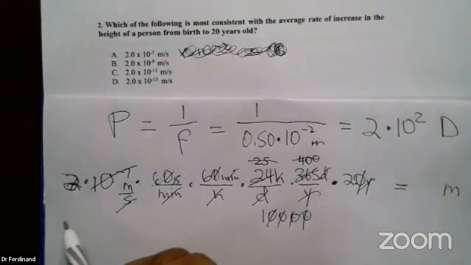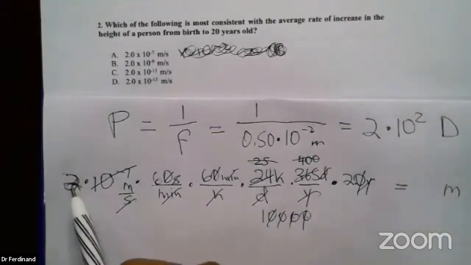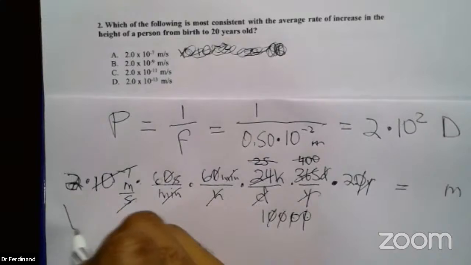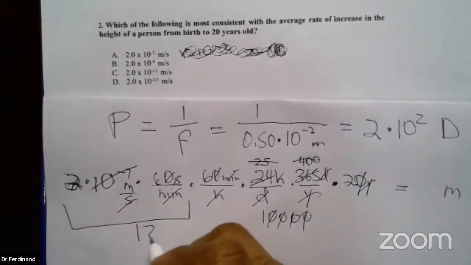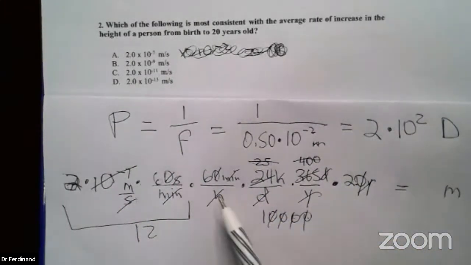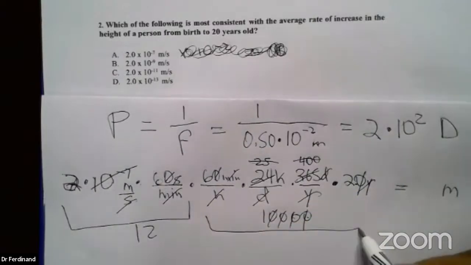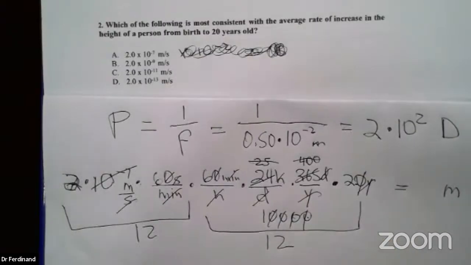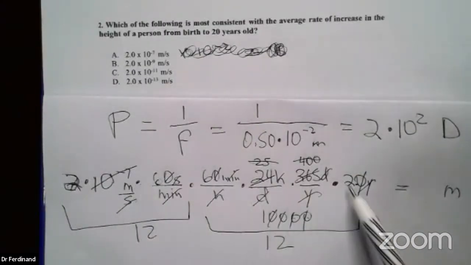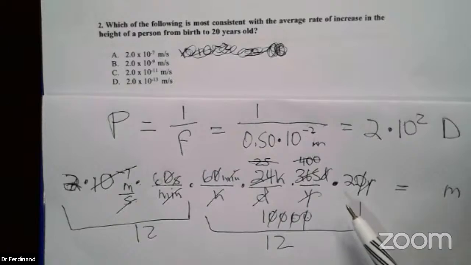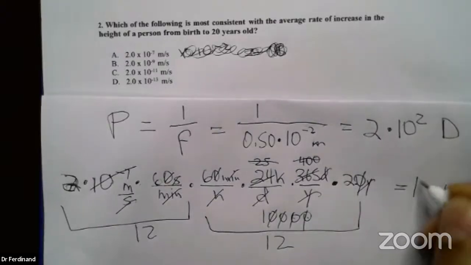What am I left with? I've got 2 times 6, so that's 12. And then I have a 6 here, and I have a 2 left over here, and that's also 12. So this set of calculations that might look intimidating when you first see it reduces to 12 times 12, which is 144.